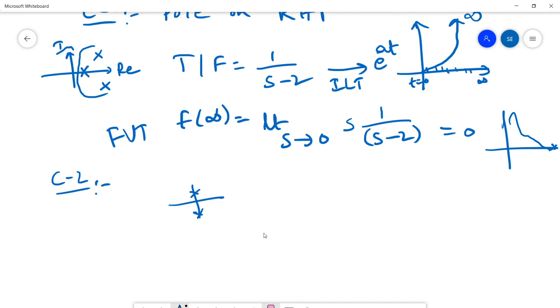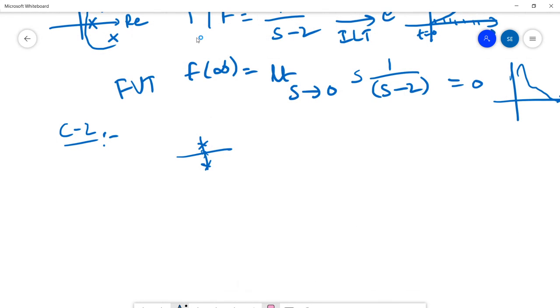A pole on the imaginary axis actually produces oscillations. As we mentioned, let us consider the pole on the imaginary axis. Consider an example: F of s is equal to 1 by s plus 4.